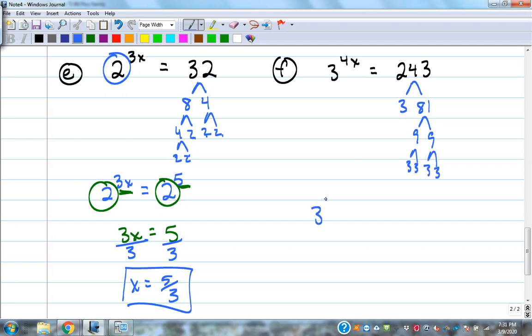So it's 3 to the 4x is equal to 3 to the 5th. What's the equation that I set up? 4x equals 5, and divide by 4. 5/4. It really is that easy, guys. It's not too bad.